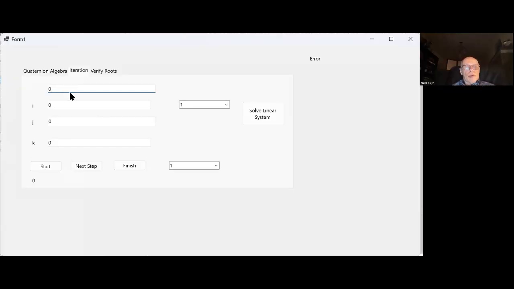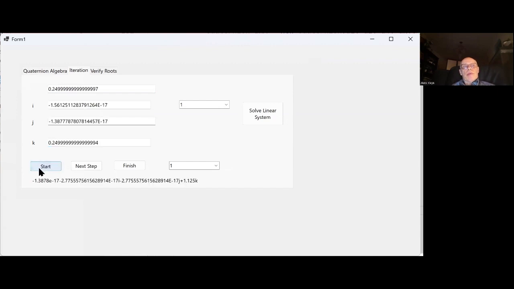We consider the value 1 plus k. And we see that our iteration diverges.